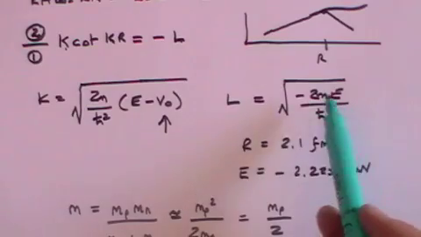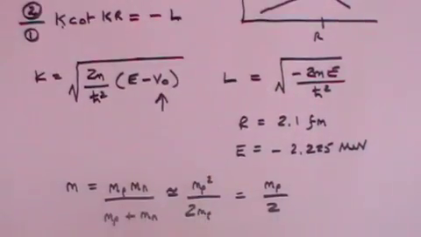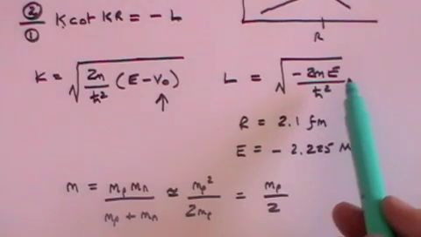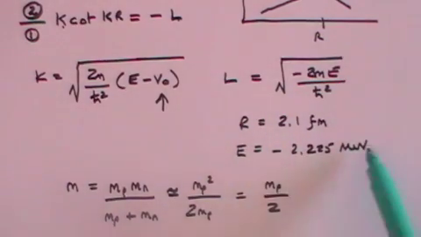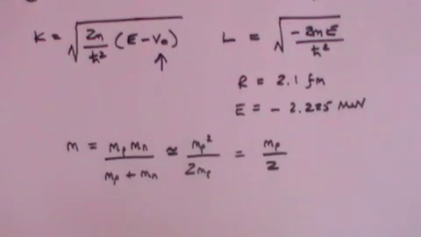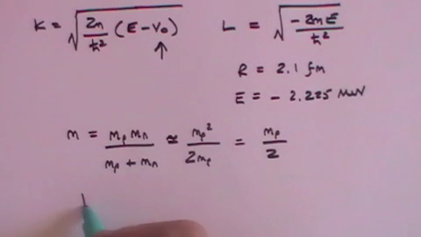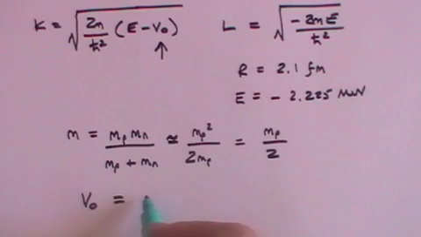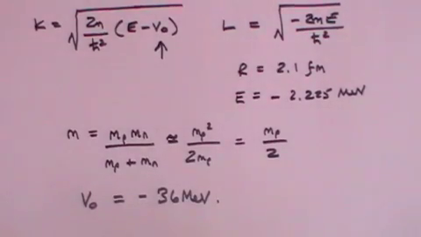With L, we know the lot. We know M, which is half the mass of a proton. We know Planck's constant. And we know E, it's this value here. So we can substitute and find everything and get V naught. And if you do that, you will find that V naught comes out to be minus 36 MeV.